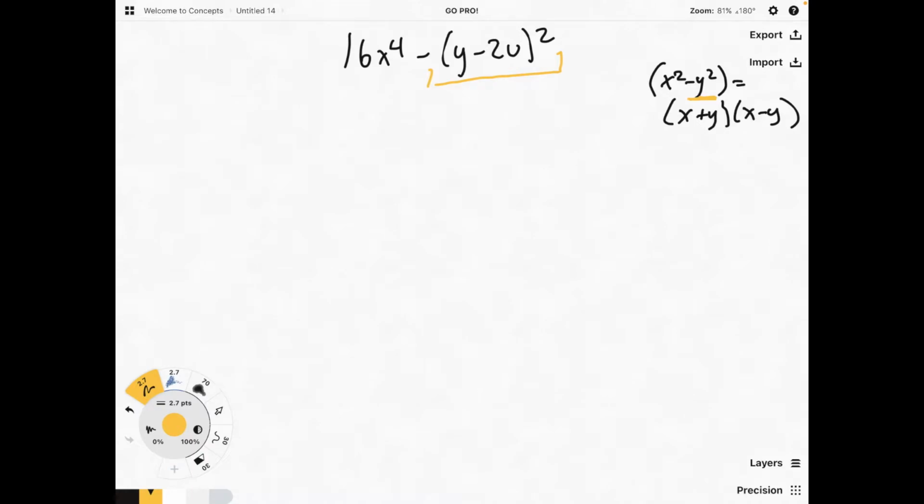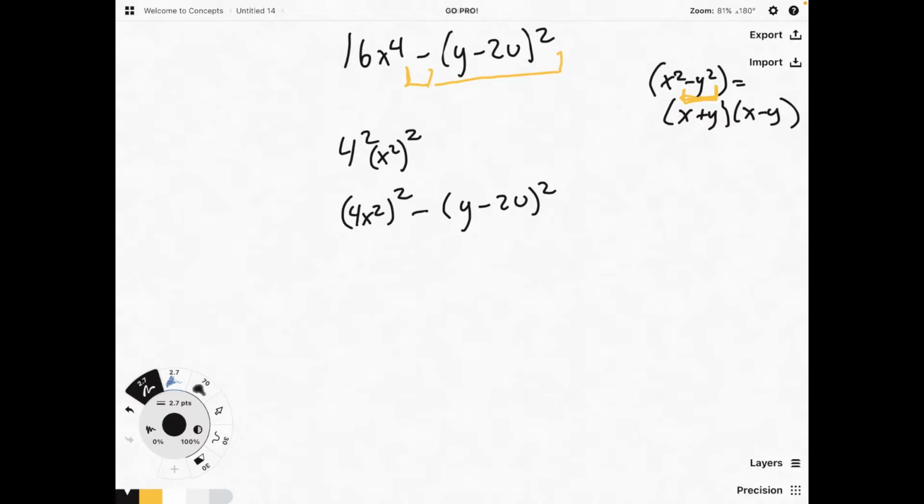And we have our minus sign, which is the same. So our back end of the equation already looks really good. So what we need to do is focus on the front end of the equation. We know 16 breaks down into 4 squared, and x to the 4th breaks down to x squared squared. So with our rules of exponents, we know that we can do (4x squared) squared, right?